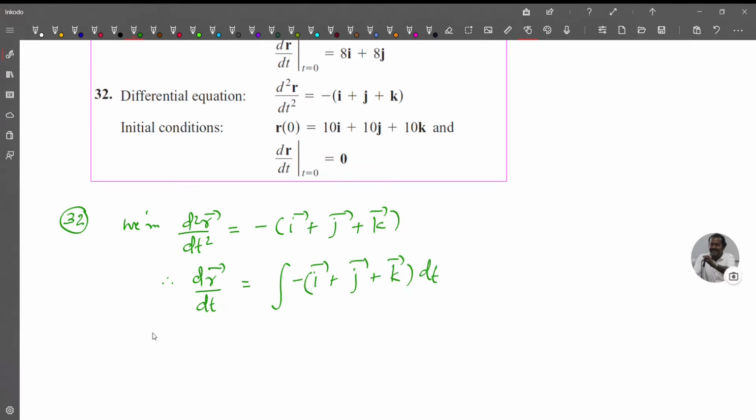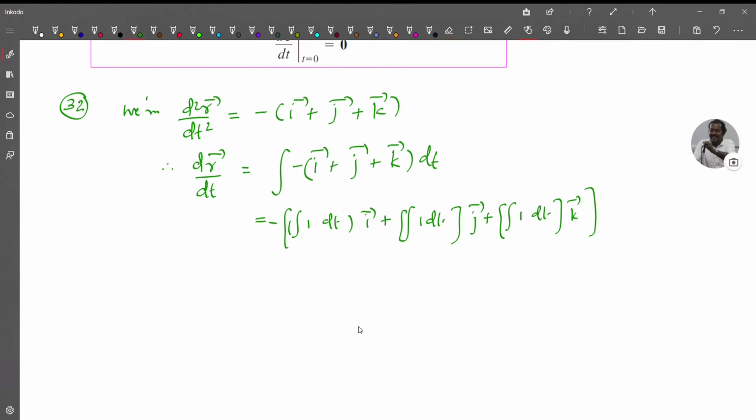This is equal to minus integral 1 dt i plus integral 1 dt j plus integral 1 dt k.